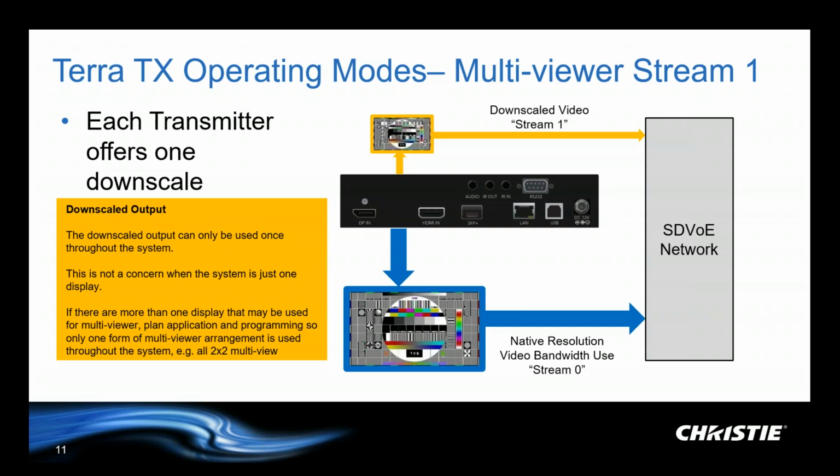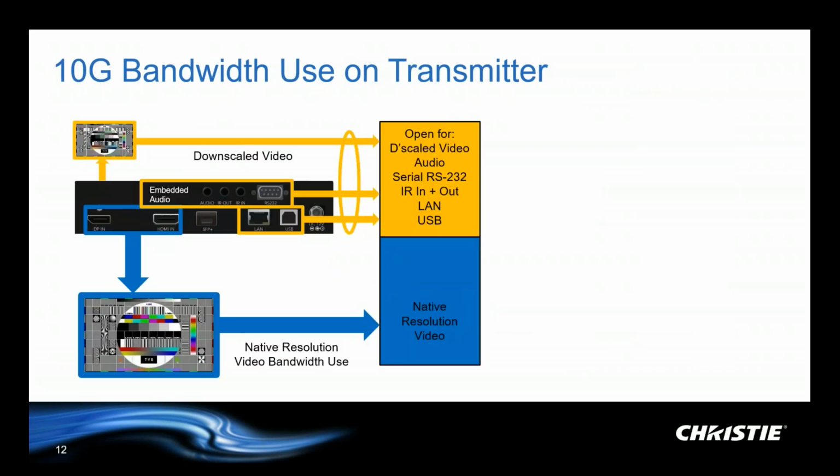So you need to be able to manage the bandwidth that the TX is using between stream 0 and stream 1 and the rest of the control, the USB and the network stuff. This is something that's pretty fundamental when you're using the multi-view mode, and this is actually part of the SDVoE standard.